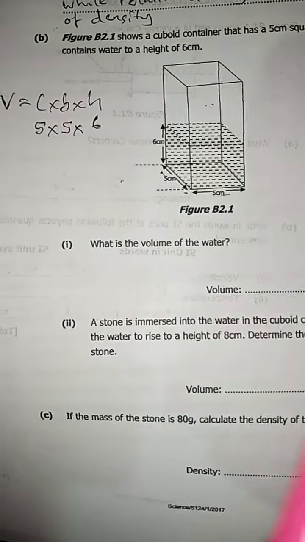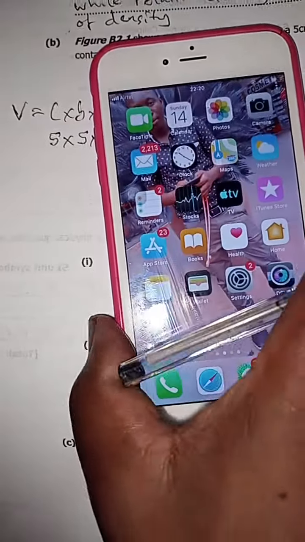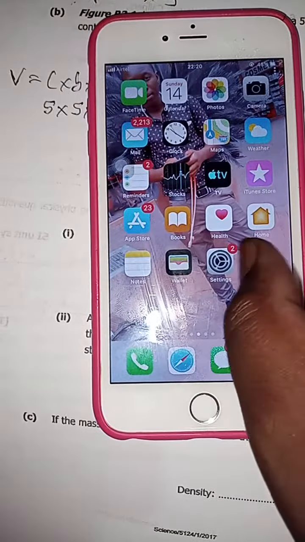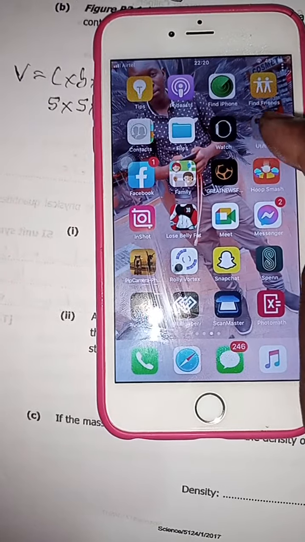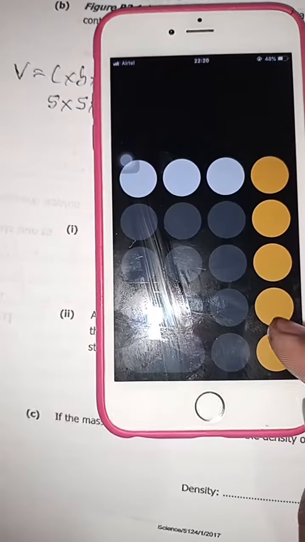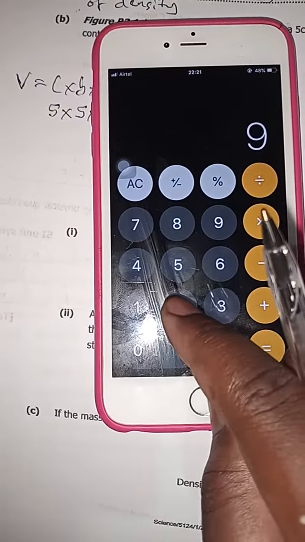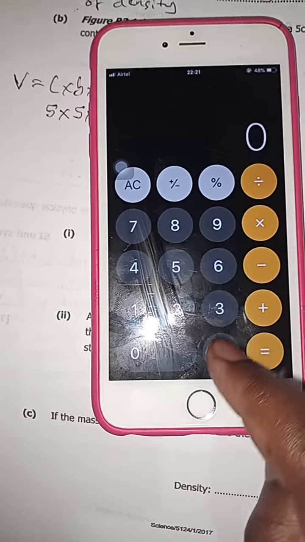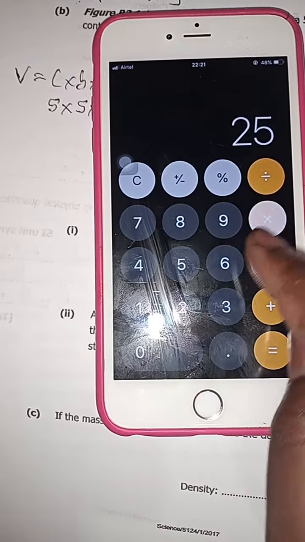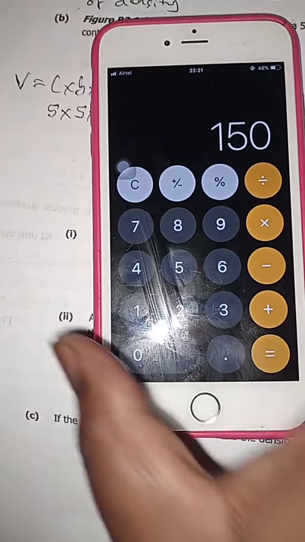So 5 times 5 is 25. Then 25 times 6 is 150.